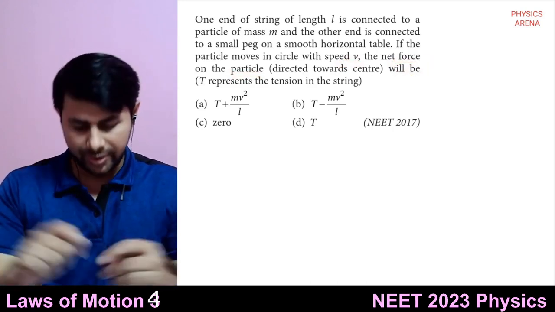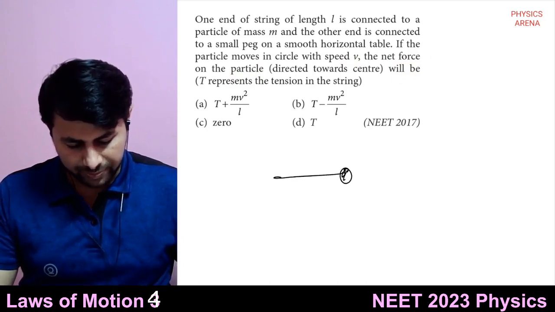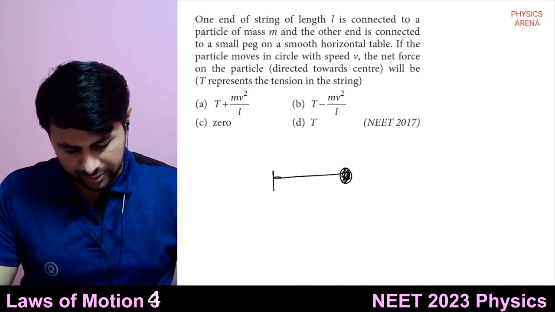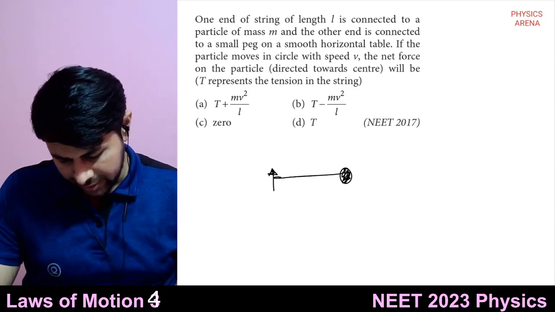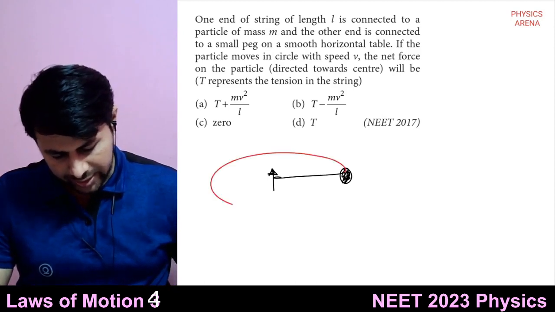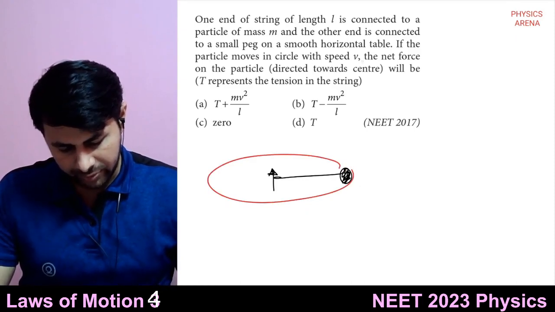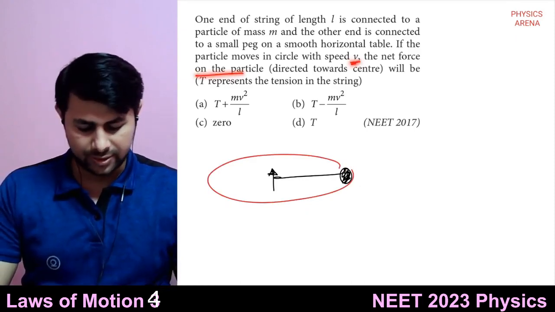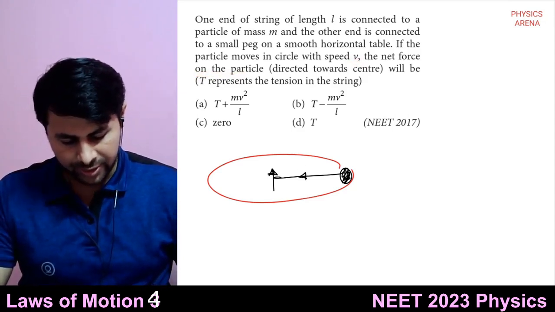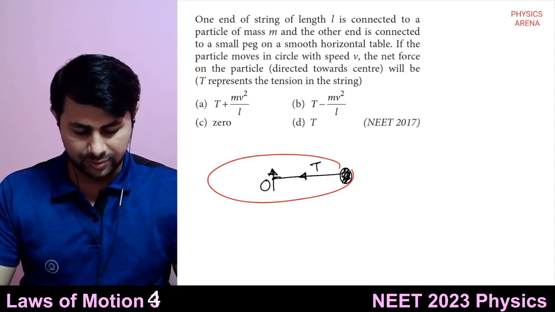The other end is connected to a peg, like this, and it moves in a horizontal circle with speed v. What will be the net force on the particle? There will be tension in the string acting towards the center. So tell me.